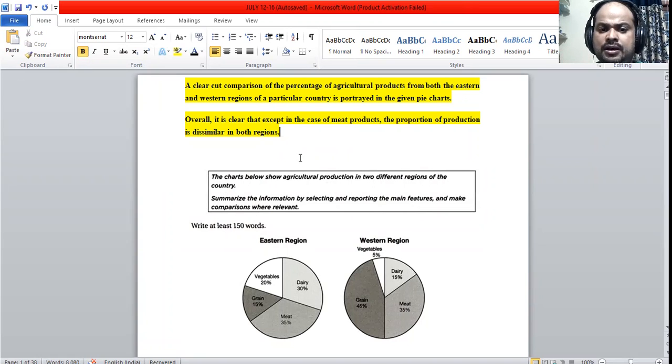The percentage of agricultural products, okay. It means the share of agricultural products, from both the eastern and western regions of a particular country is portrayed in the given pie charts.